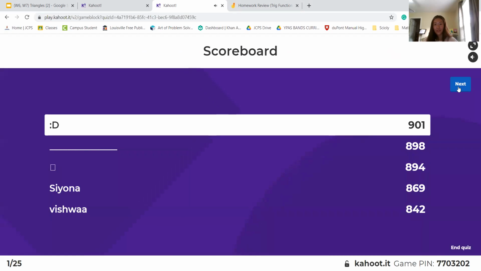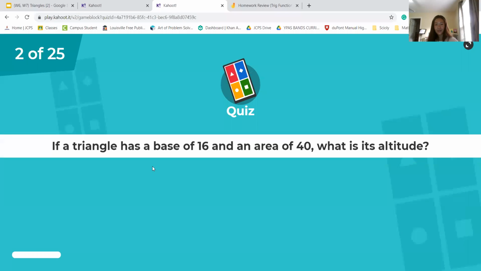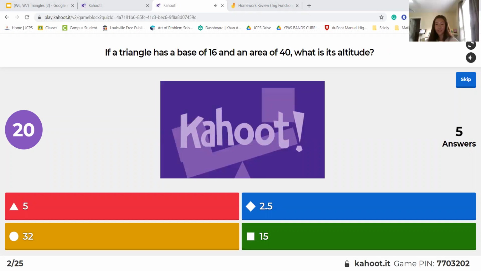Oh, I'm not even on the leaderboard. What? So remember that altitude and height are the same. It froze. Give it like 3 seconds. Is it there or is it still frozen? We can see it now. Okay, that's good.